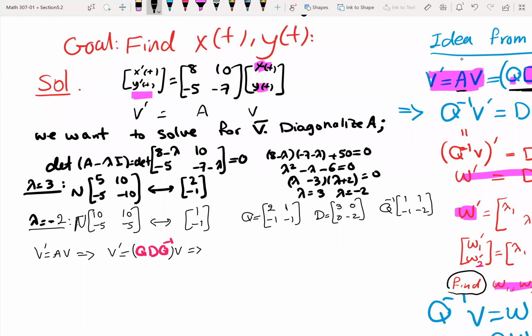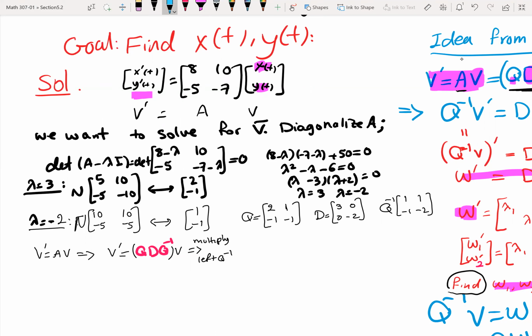So V prime has to be equal to... can I multiply? Let's use a different color. I multiply on the left by Q inverse because I want to cancel it out.